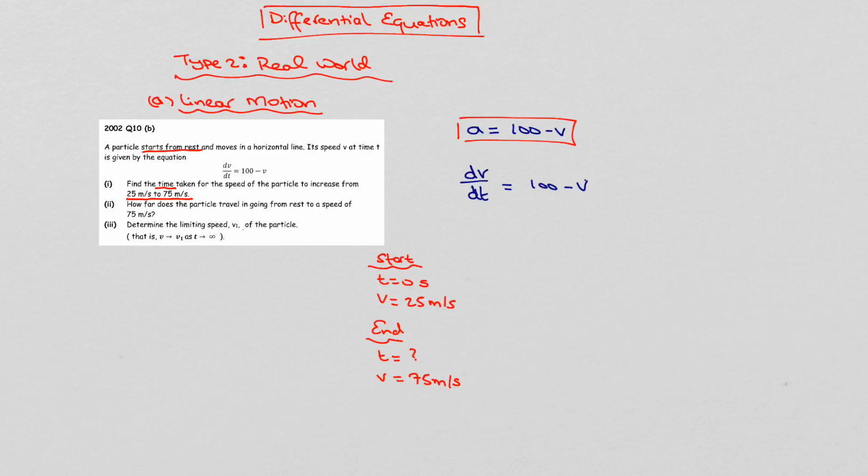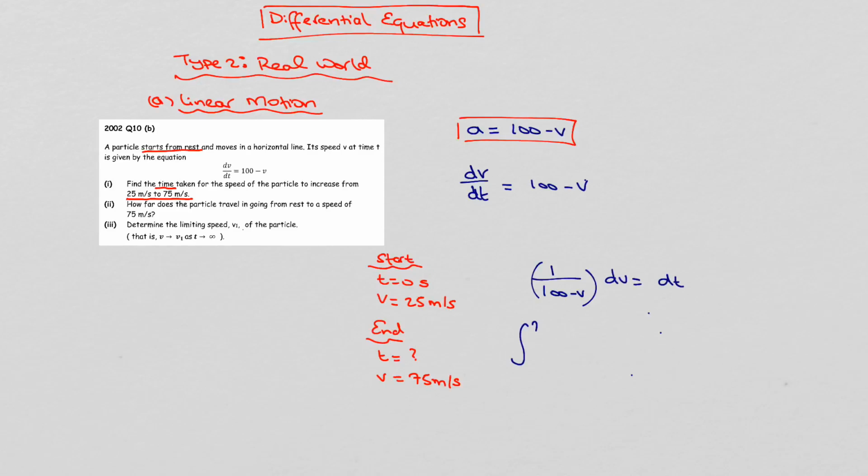Okay, actually we have to rearrange here first. I have 100 minus v on the right hand side, so I'm going to divide both sides by 100 minus v. So in other words, I'm going to have 1 over 100 minus v times dv is equal to dt.